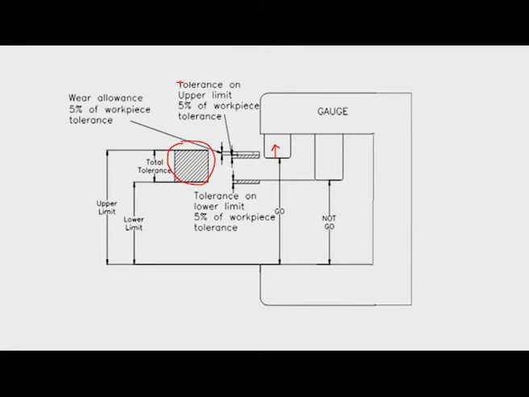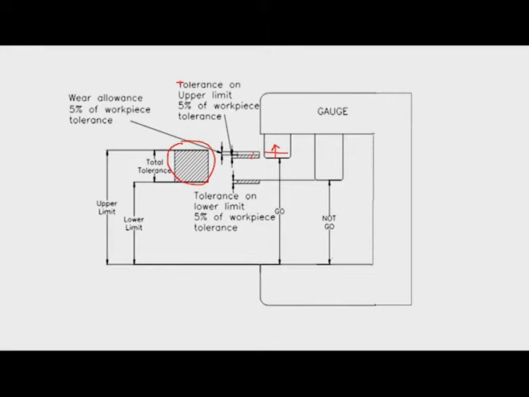Due to this the GO's size will decrease, because we are consuming this much of the work tolerance, so the GO size will reduce. So in inspection type gauges, the tolerance is given outside the work tolerance.